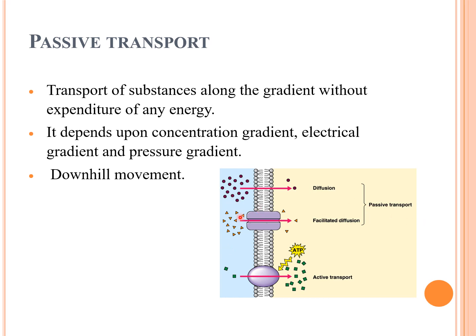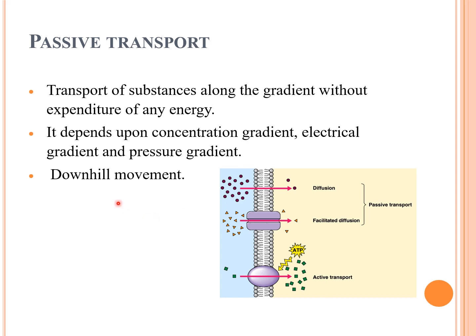In both of these, the substances are transported from the higher concentration to the lower concentration. It not only depends on concentration gradient, it also depends on electrical gradient and pressure gradient. It is a downhill movement because it is transported from higher concentration to lower concentration, so it is also known as downhill movement.